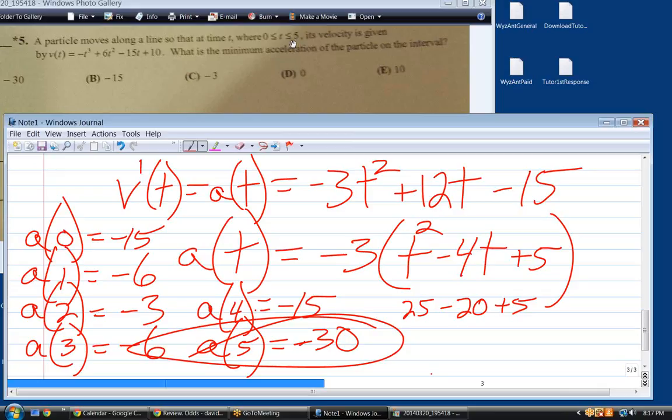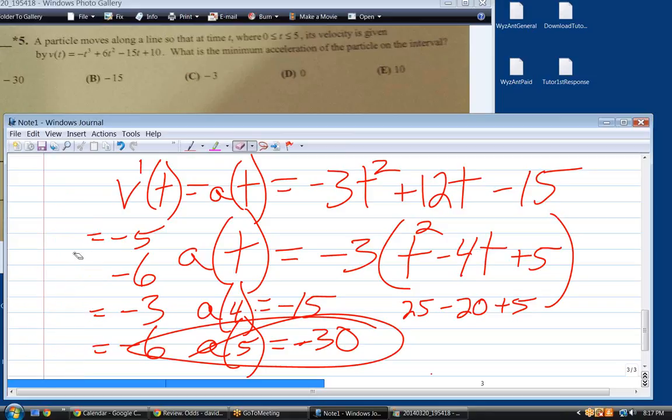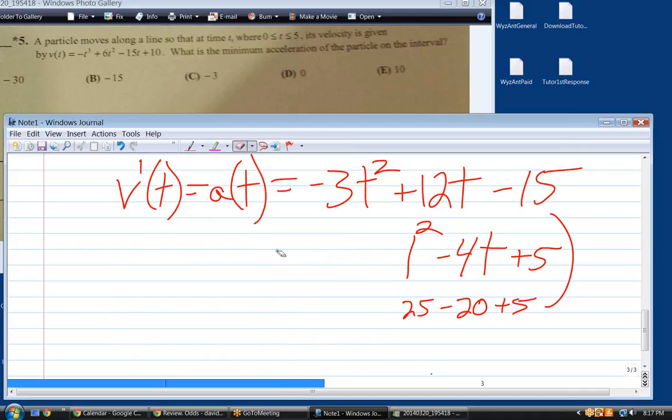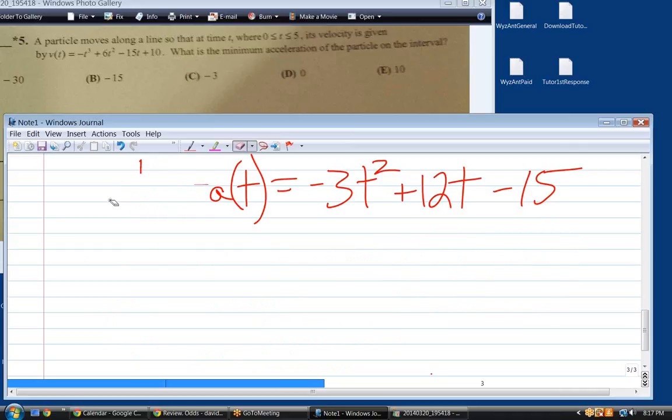So, I know how to do it. What was I thinking? When we want the minimum acceleration, what do we do? That's where I was screwed up. I take the first derivative and set it equal to 0.